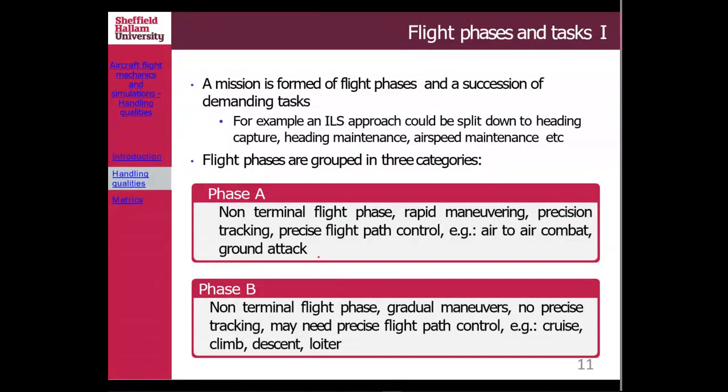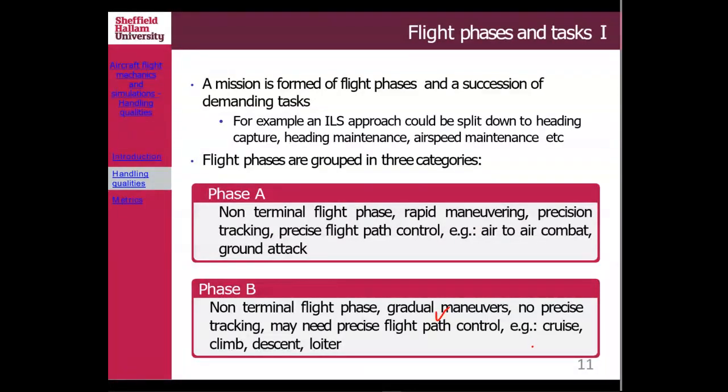But of course, there is phase B, which is a non-terminal flight phase, gradual maneuvers, non-precise tracking, that may need precise flight control, for example when you try to do a cruise.